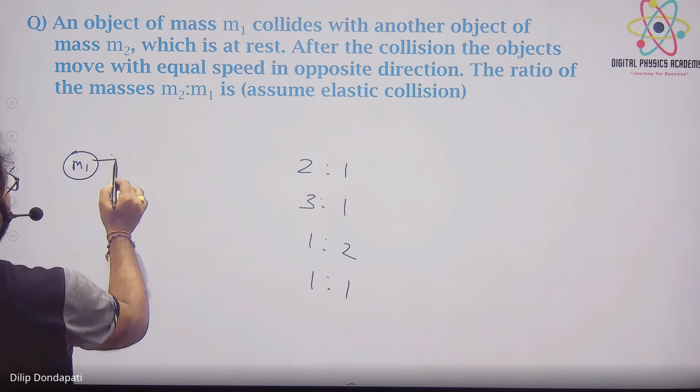So, but we can't take elastic, right? Because we'll get V2 minus V1 as 0. V1 is opposite. Never mind, use sign convention.